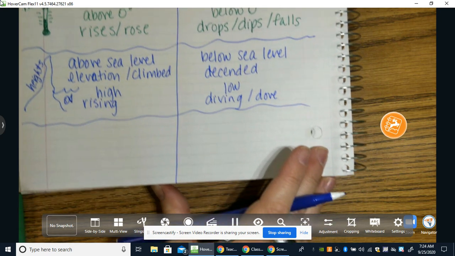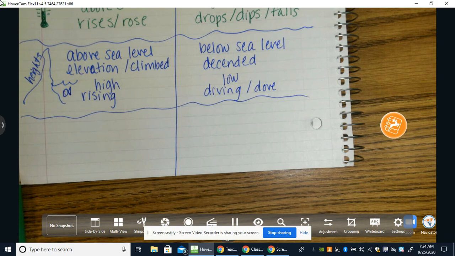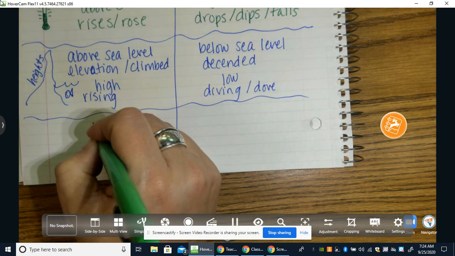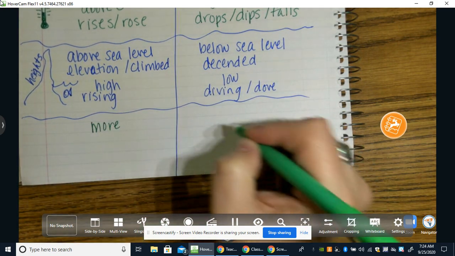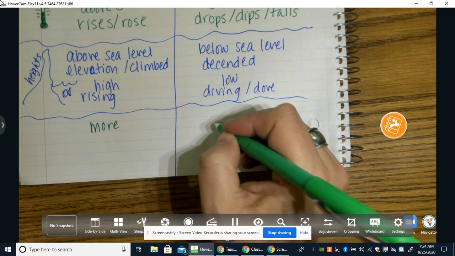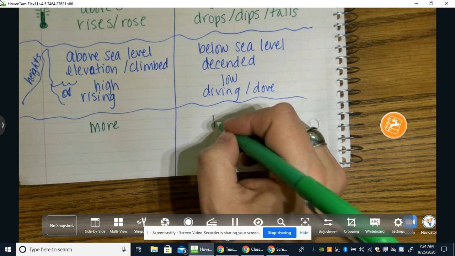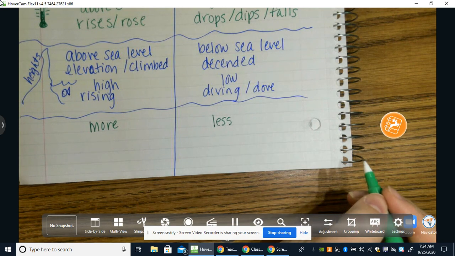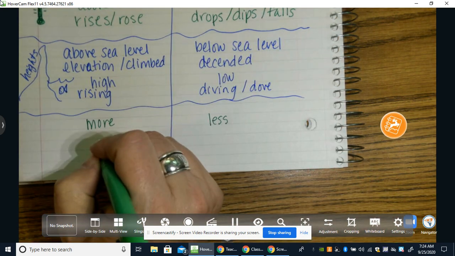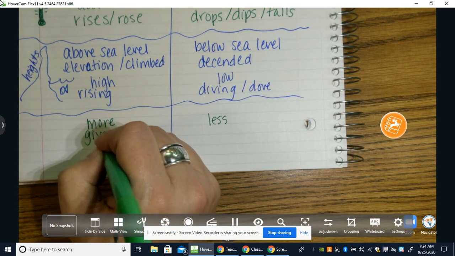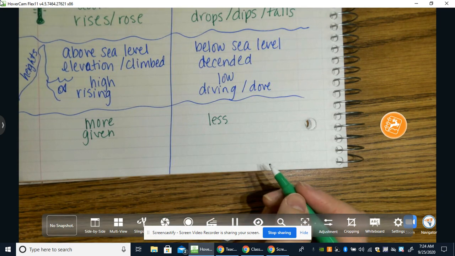Okay, the last one are just some words that we kind of see. If I see the word more, this normally means positive, less normally means negative. If I was given something, it's normally positive. You were given $20.